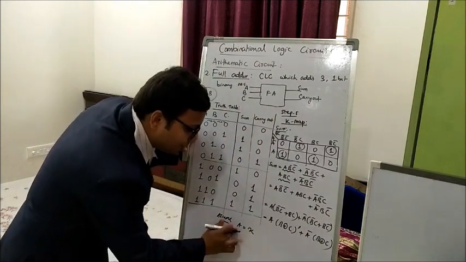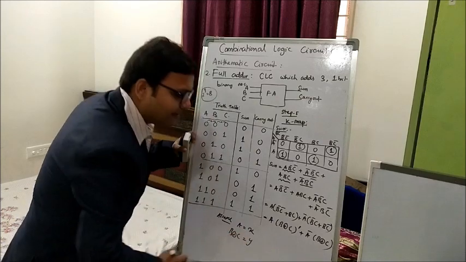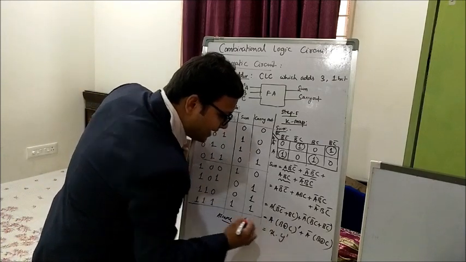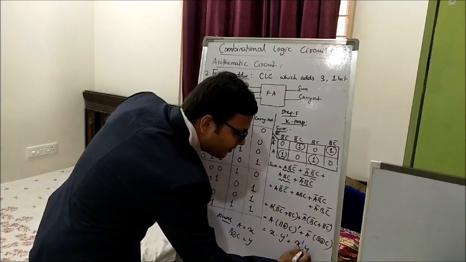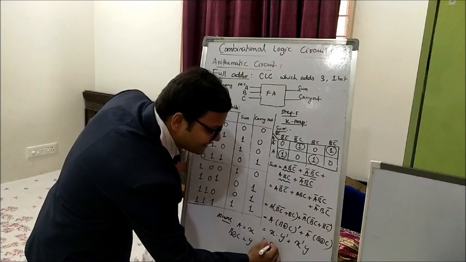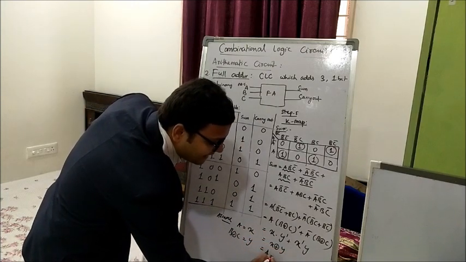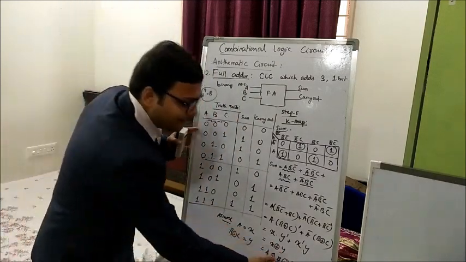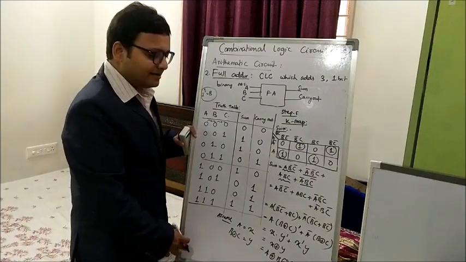Now I will assume A is X, B XOR C as Y. So it would be X Y bar plus X bar Y, which is nothing else but X XOR Y, which is nothing else but A XOR B XOR C. So the sum which I have obtained here is actually A XOR B XOR C.